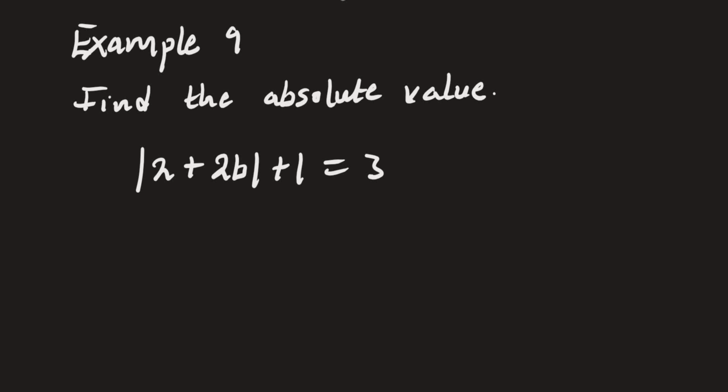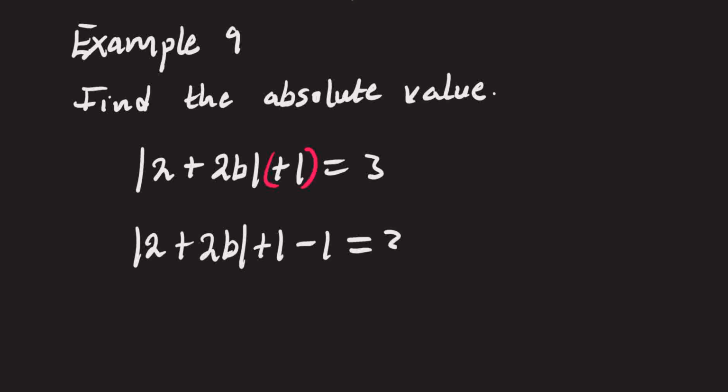So now, first we subtract 1 from both sides, and this will become the absolute value of 2 plus 2b plus 1 minus 1 equals 3 minus 1.